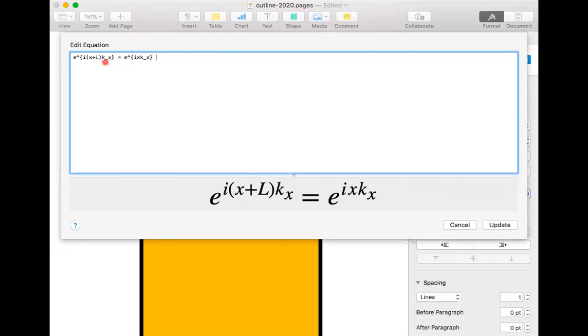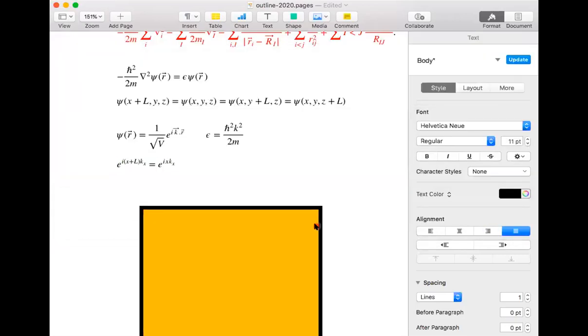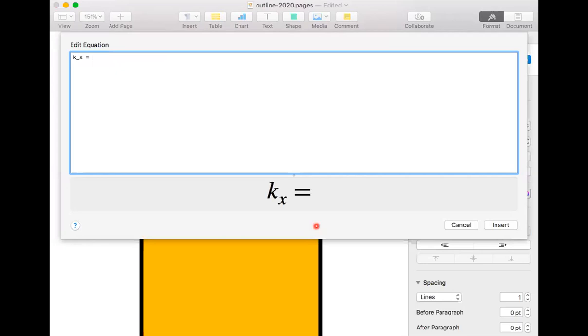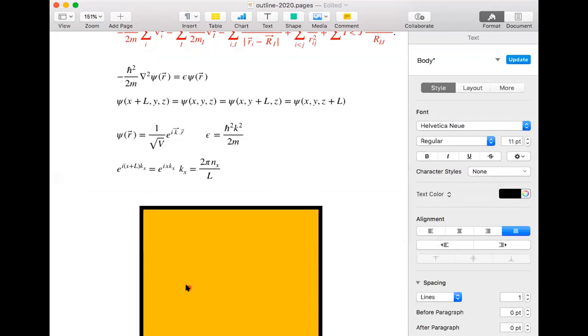Okay, so e to the i k x L would be e to the i 2 pi n, which would give you the allowed values of k. So for example, kx would be 2 pi n over L, where n's are integers. Okay, and similarly, you will get values for ky and kz.